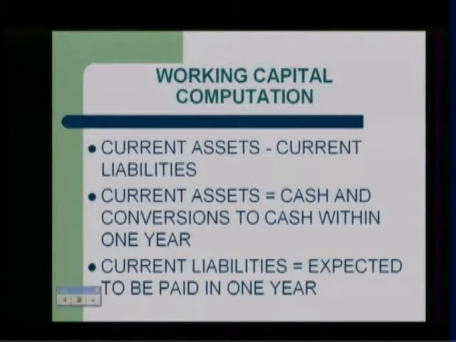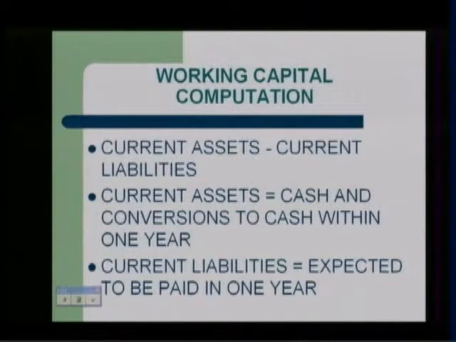How much cash would they have left over? And that would be their working capital. So to compute it, it's the first line on the slide that you see there. It's simply current assets, that's a dollar amount, minus current liabilities, which is another dollar amount. So your ending result there would be a dollar amount.